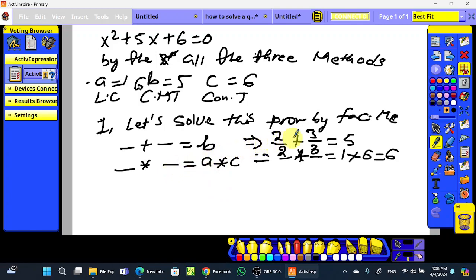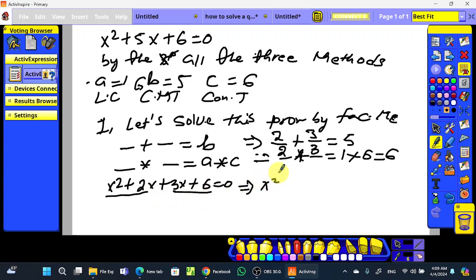So you substitute the middle term, 5x, with 2x plus 3x. So x squared plus 2x plus 3x plus 6 is equal to 0. Let's take those 2 terms together and those 2 together.